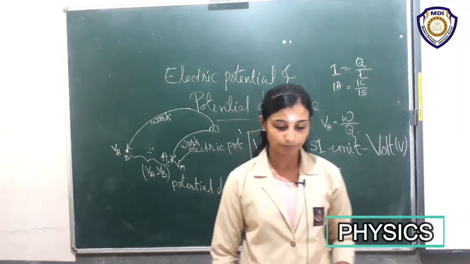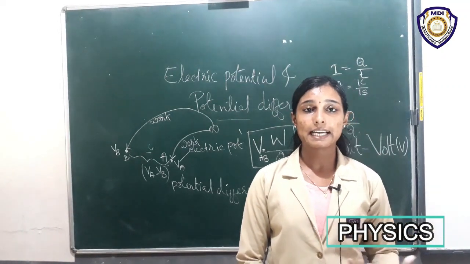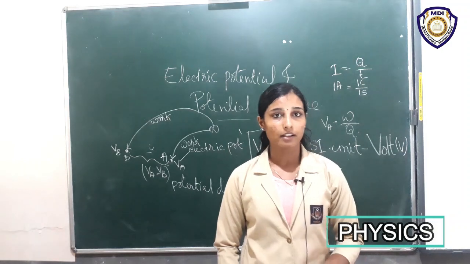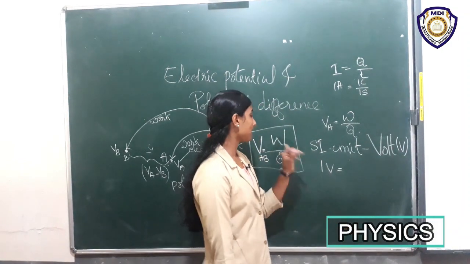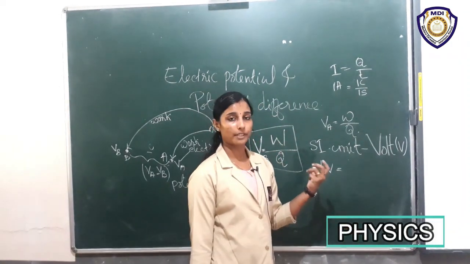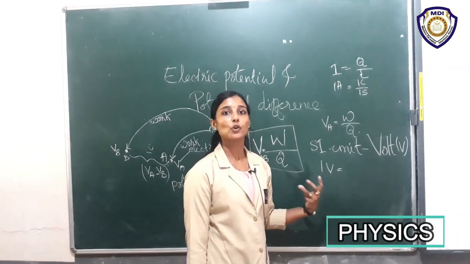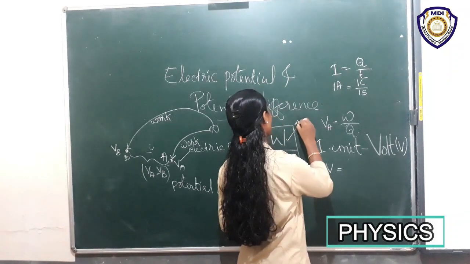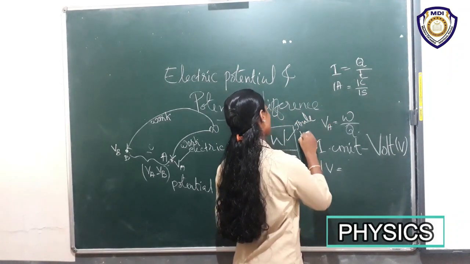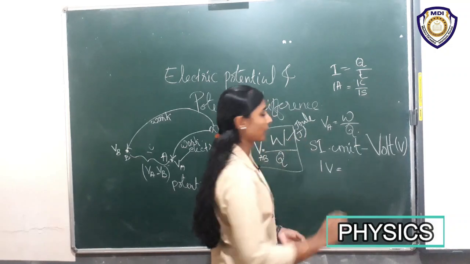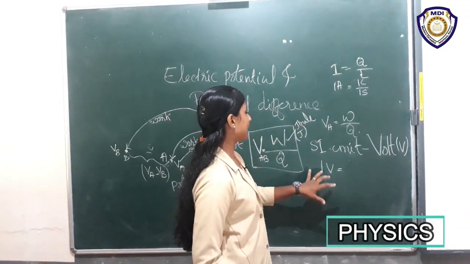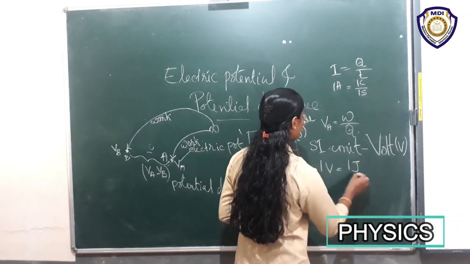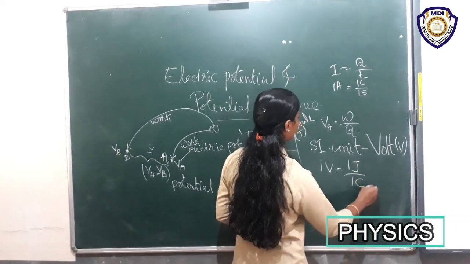We know work done is expressed in the unit of joule. In physics we represent work done by the unit joule. The SI unit of work is joule, represented by the letter J. So we can define 1 volt is equal to 1 joule per 1 coulomb.